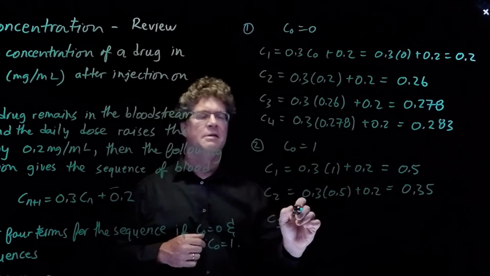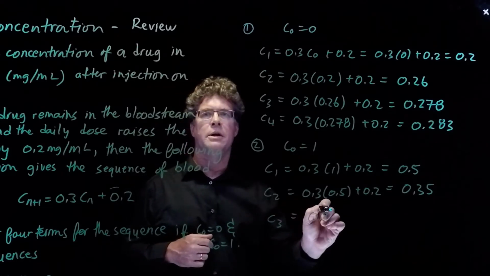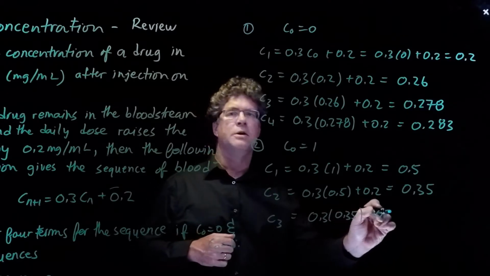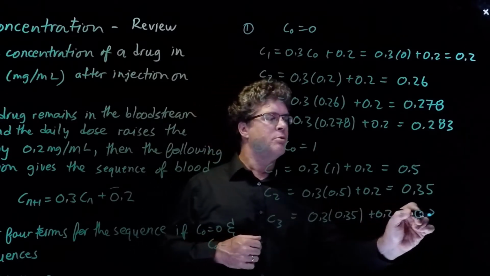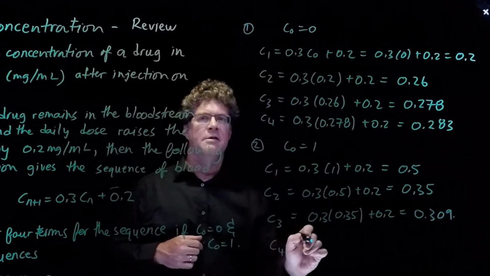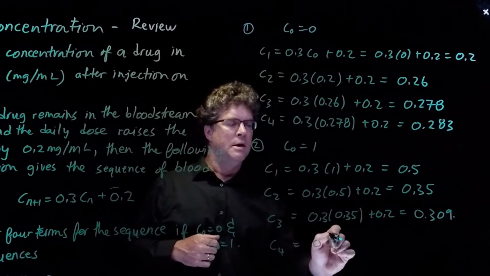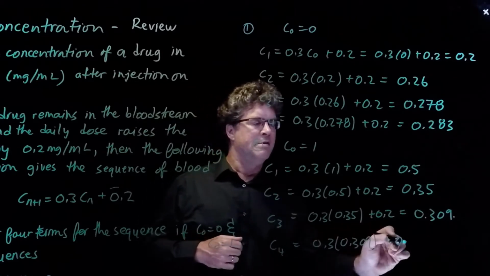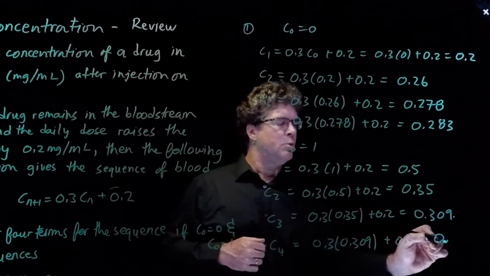C3 is equal to 0.3 times 0.35 plus 0.2, which is 0.309. And C4 is equal to 0.3 times 0.309 plus 0.2, which is 0.292.